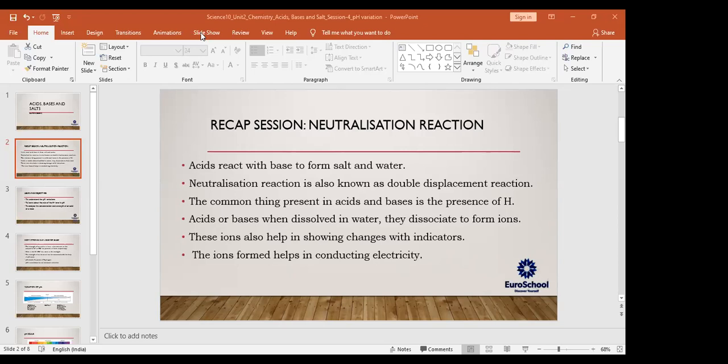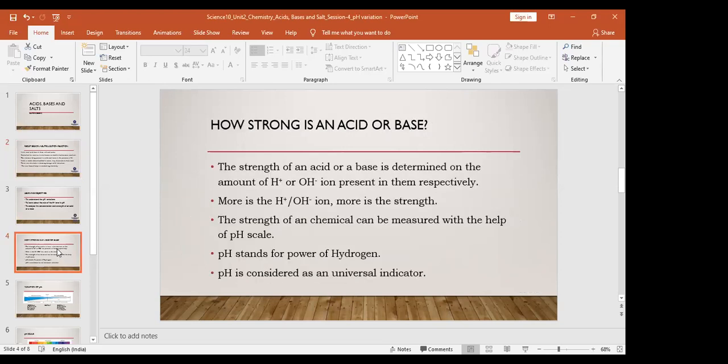The acidity and basicity is reducing because the amount of the H plus or OH minus ions present in it is also getting reduced in comparison to the total amount of the mass of the solution.